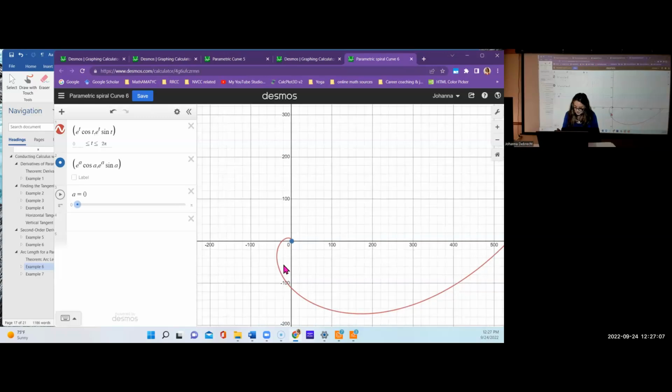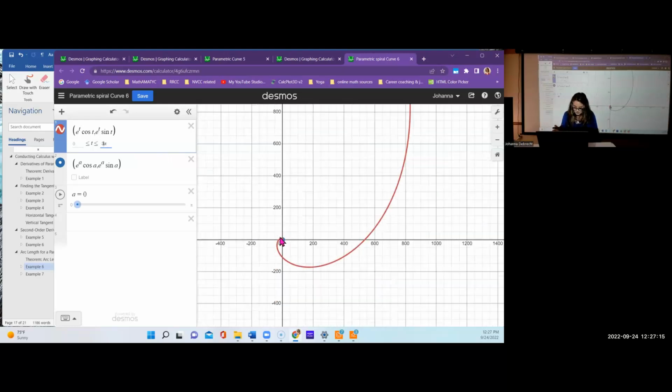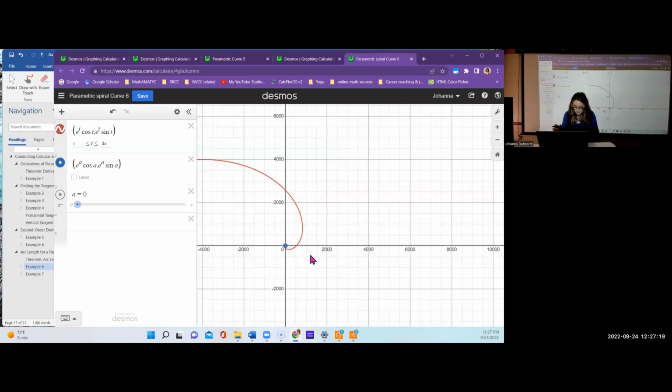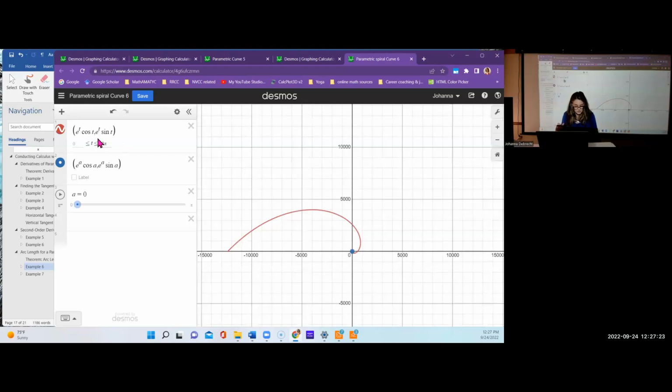There it is, and it's coming around like that. And if I made it go 3 pi, it would spiral even more. So it creates this spiraling pattern that you see here. It gets wider and wider as we go out. But again, we only want the one that goes from 0 to pi.